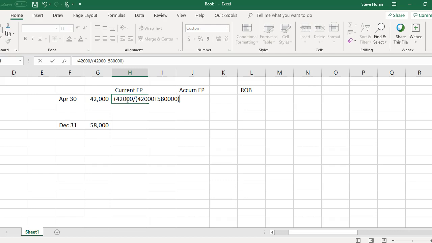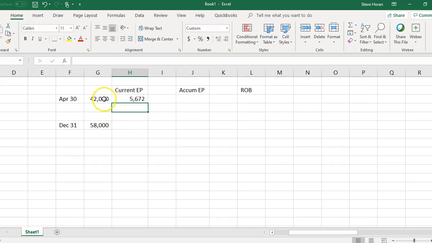I'm going to put brackets around that entire calculation and multiply that by the $84,000. And $84,000, if you recall, is the current year's E&P. We made $7,000 a month for the full year, so $84,000 for the year.